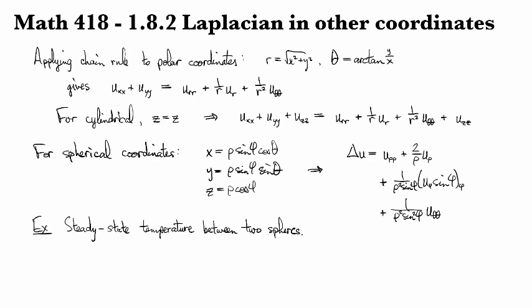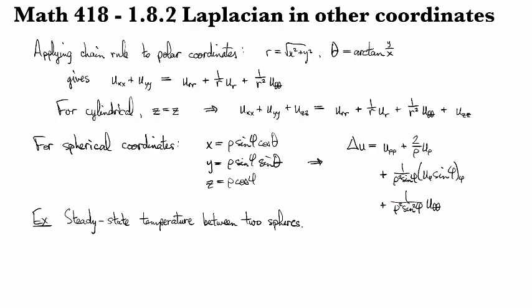Okay, so we'll say that the sphere at rho equals 1 is kept at 0 degrees, and the sphere at rho equals 2 is kept at 10 degrees.